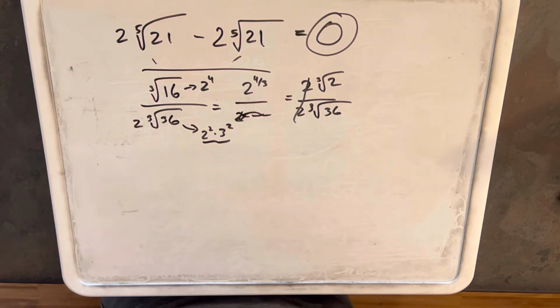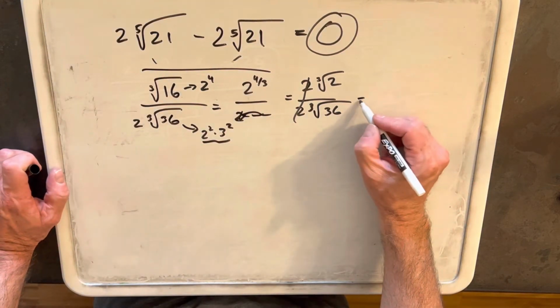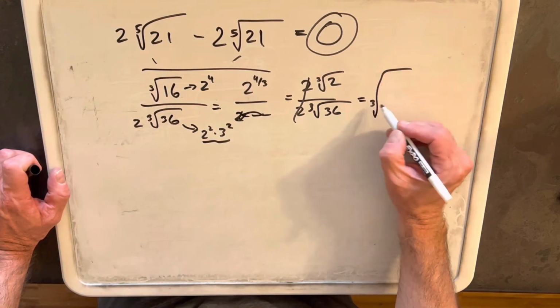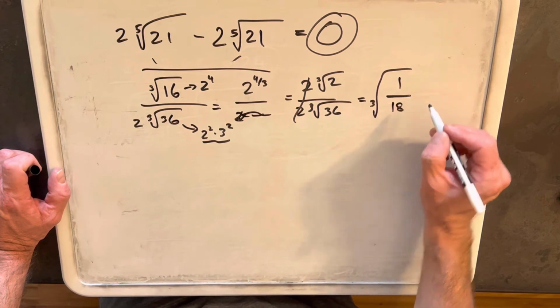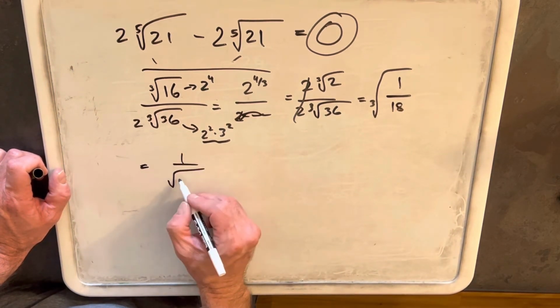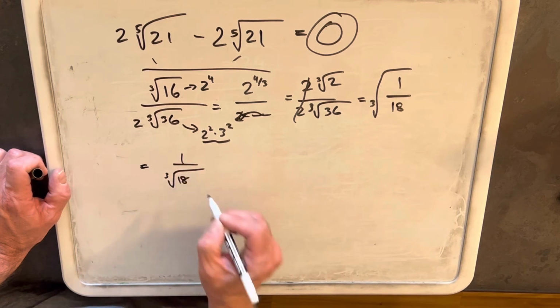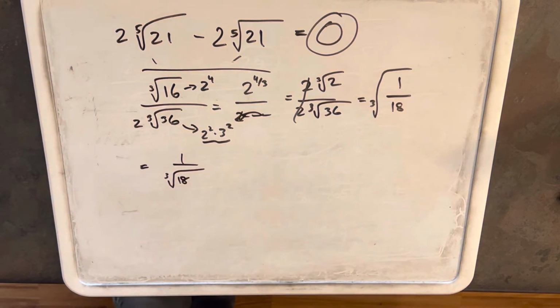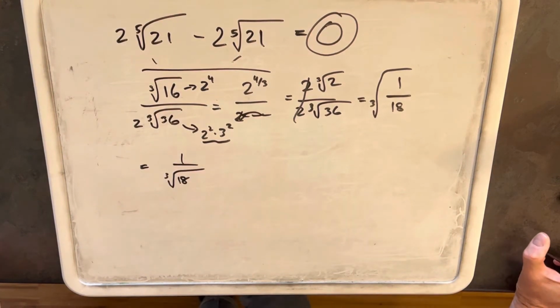But then we're kind of stuck. We can put it under one cube root as 1/18. That's going to be the same thing as 1 over the cube root of 18. So it's simplified, but we don't want that in the denominator.